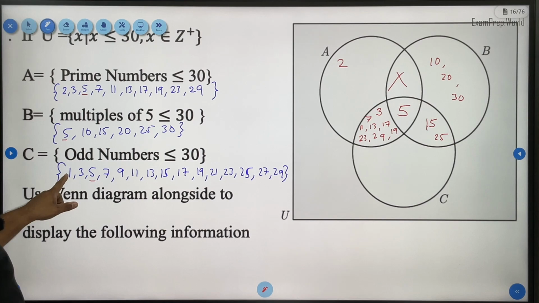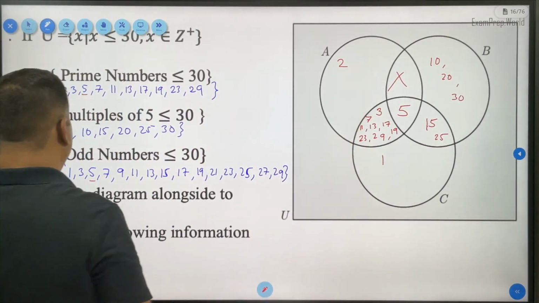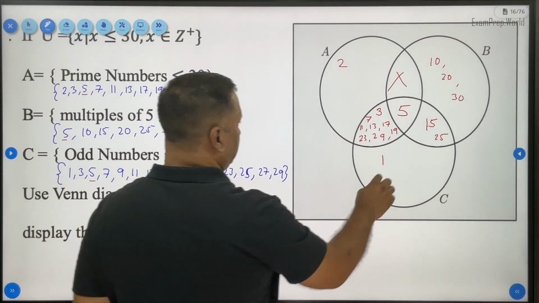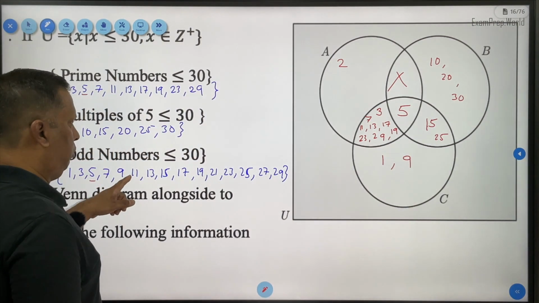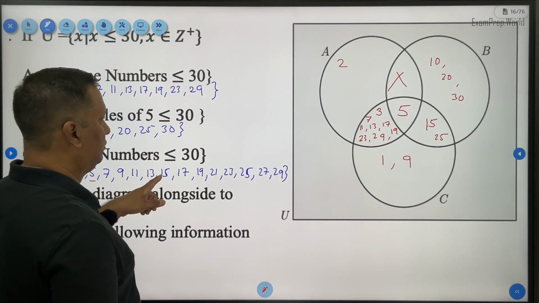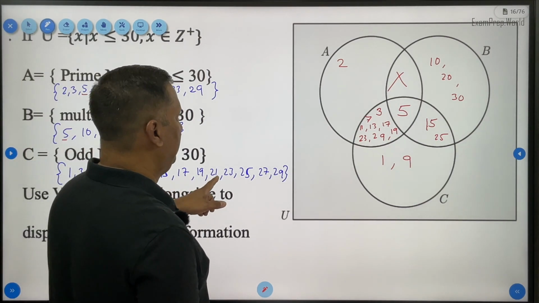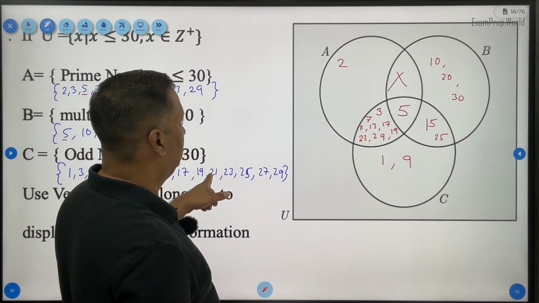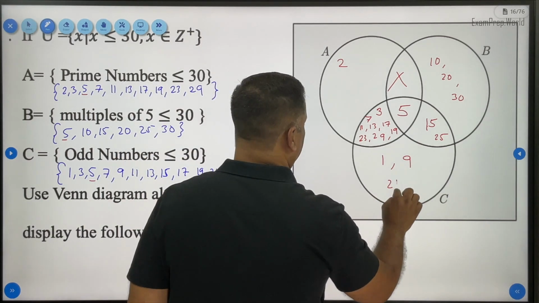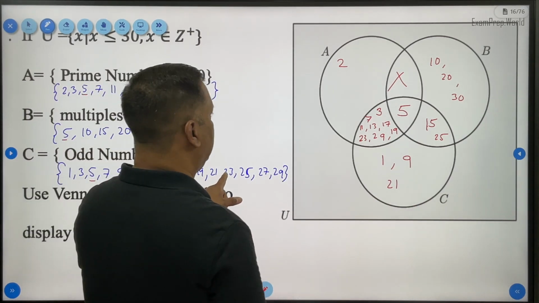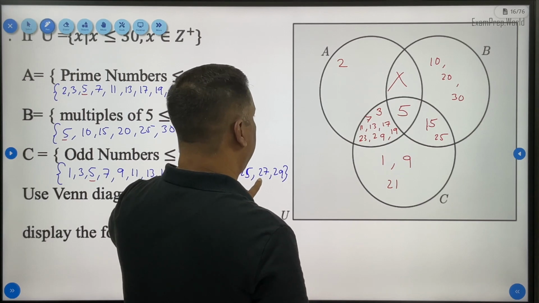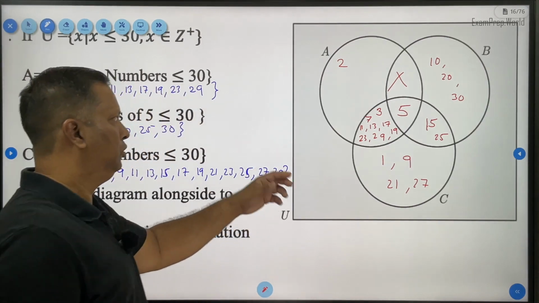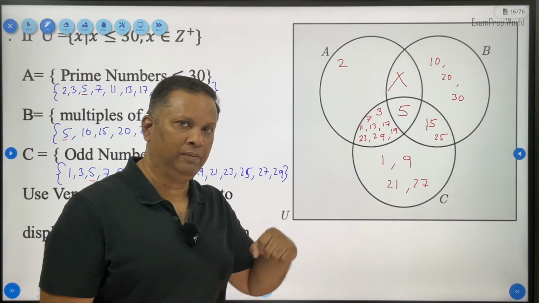So it starts with 1. 3 is there, 5 is there, 7 is there, 9 is not there, 9, 11, 13, 15, 17, 19, 21, 23, 25, 27, and 29 is already here. So we filled the balance elements of C.